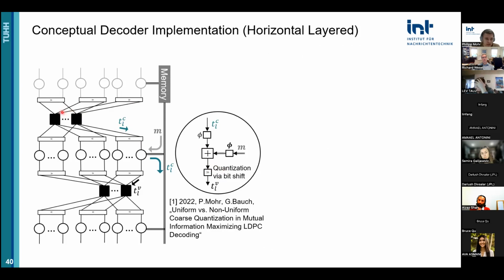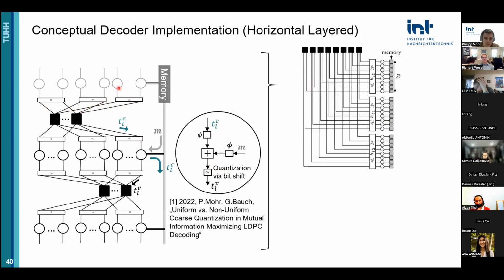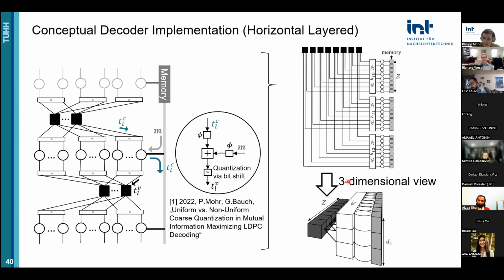Now one might ask, so we still have here high complexity when we look at the routing congestion, but we can reorganize it such that only parallel wires occur, which is beneficial for hardware implementations. And we can further reorganize this if we exploit the third dimension. So all the parallel wires here become short.